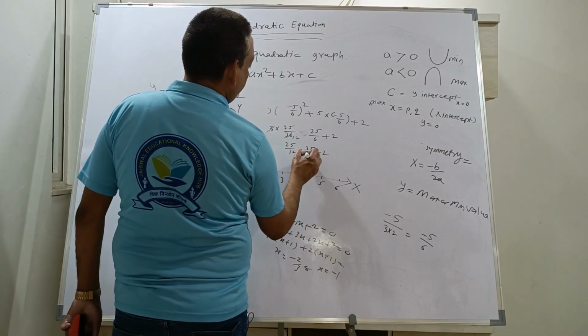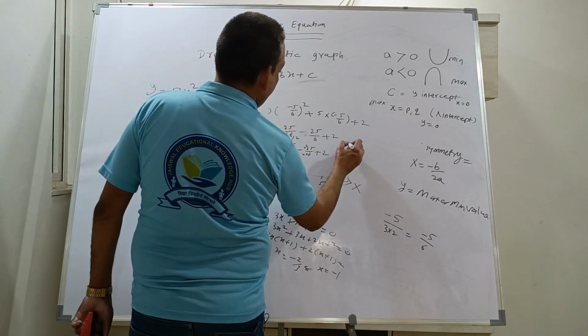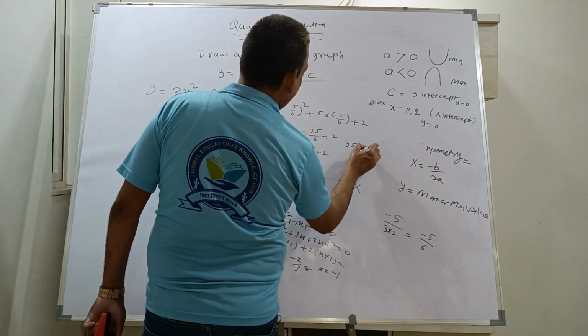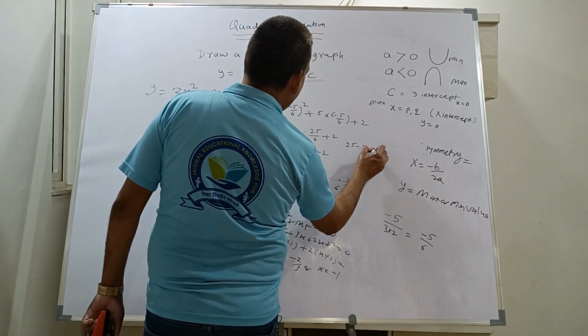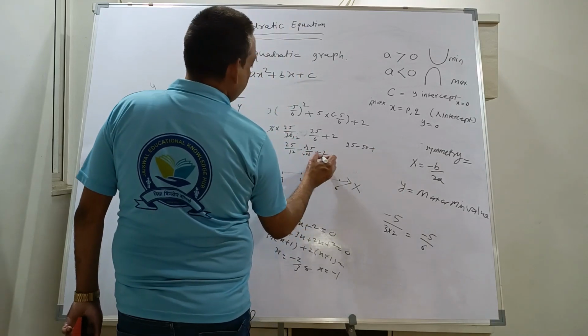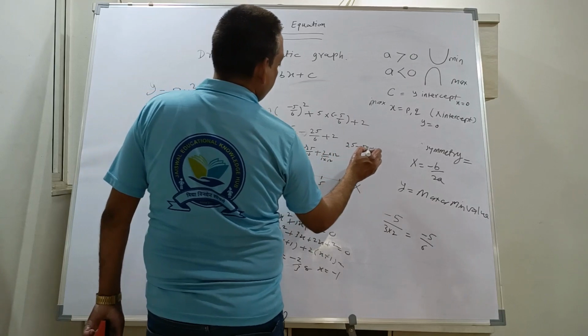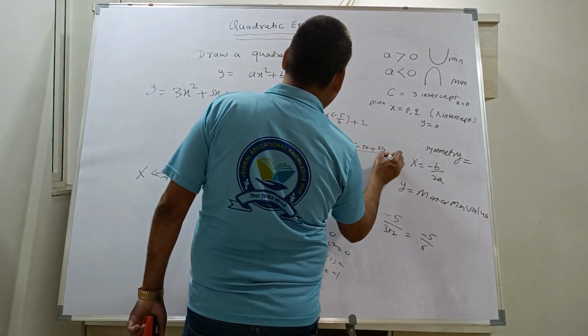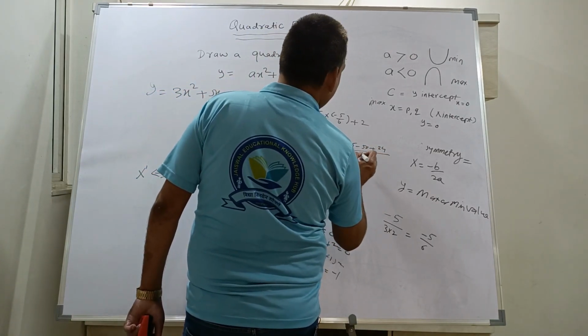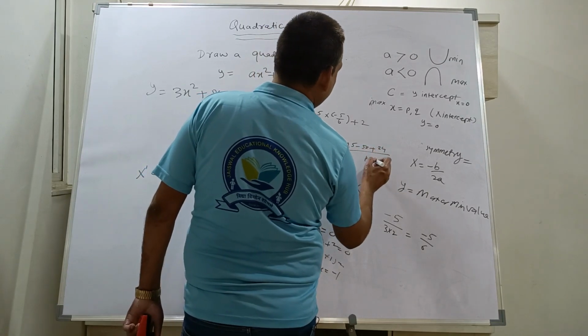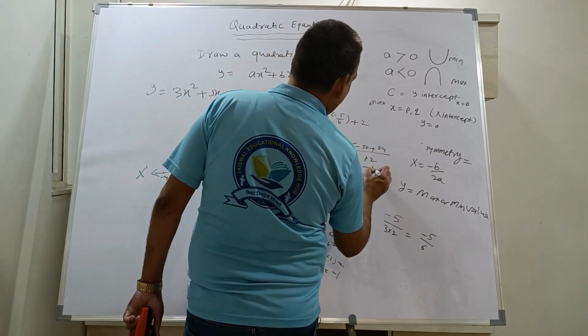So the 12 is the common denominator, so this will be multiplied by 2. So 25 minus 50 plus 24, this will be multiplied by 12, so 2 into 12 is 24, whole thing upon 12. So this becomes minus 25 plus 24, so that becomes minus 1 upon 12.